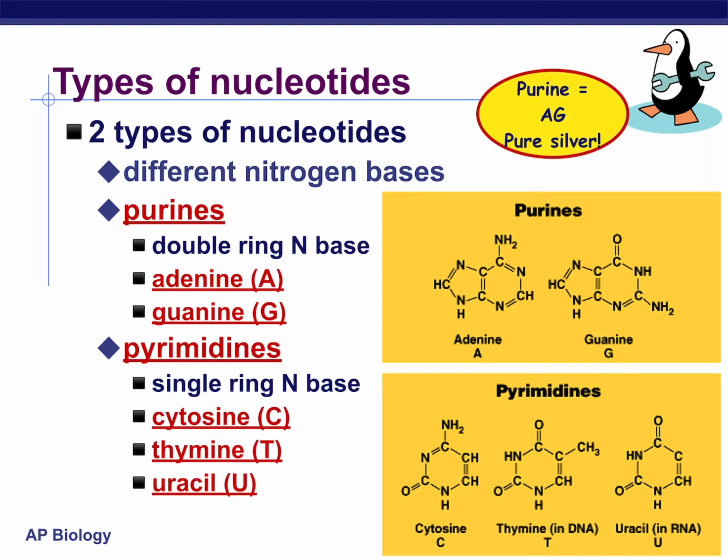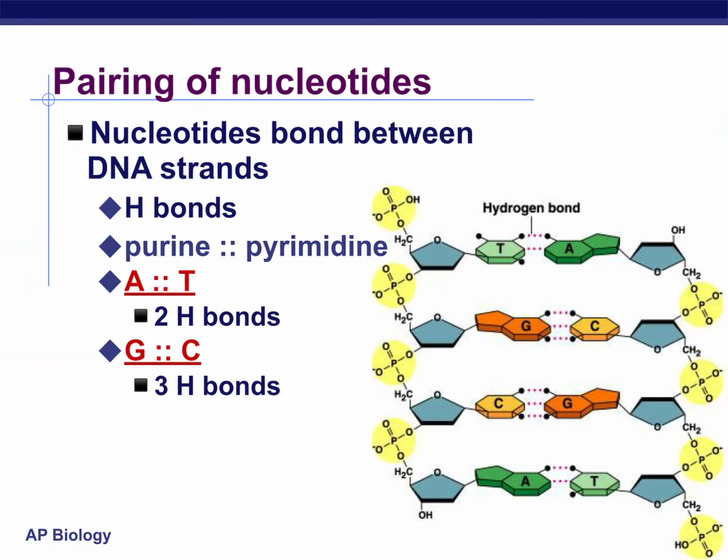We will talk about this a lot more when we talk about DNA replication and things like that. But it's good to just kind of get an introduction to it. If you're looking for a way to kind of memorize or remember which are purines and which are pyrimidines, you could think purine is equal to Ag, or like pure silver.